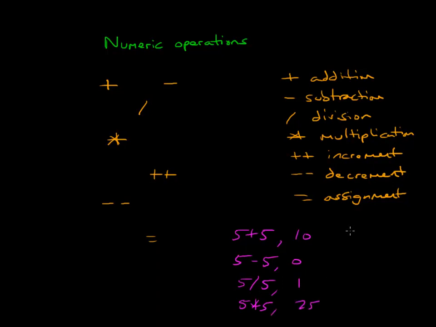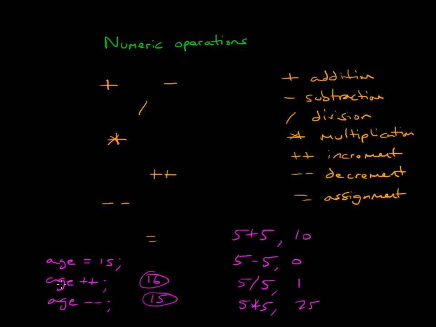Then let's say that I'm putting a variable, so let's say I have age is equal to 15. If I then say age plus plus, then age will now be the value of 16. And if I then say afterwards age minus minus, that will be the value of 15.